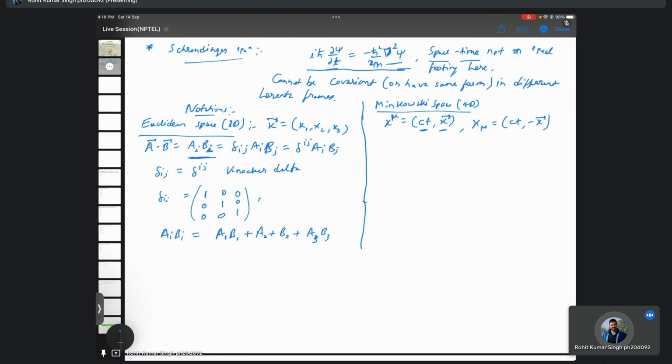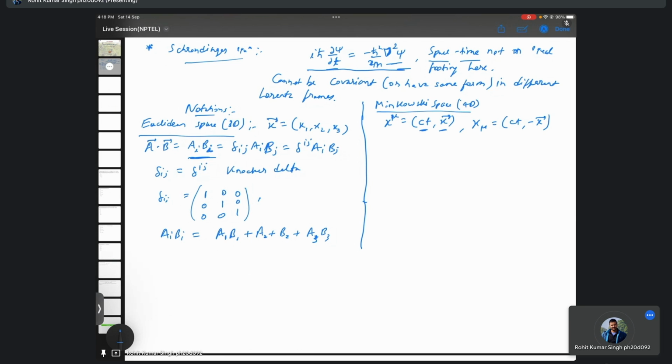Both transform in different ways. We know that in relativity, between two Lorentz frames we can transform using Lorentz transformation.